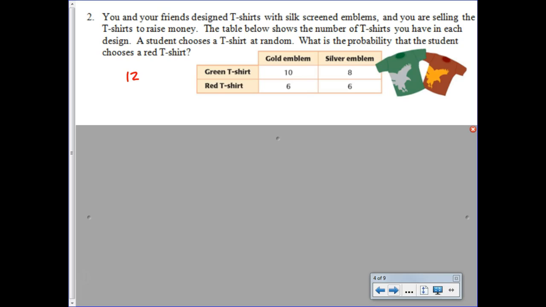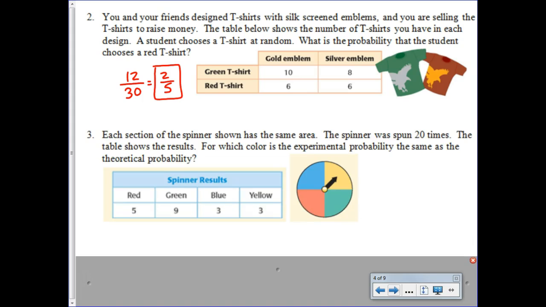So there's 12 red, and we have 18 green, so total shirts we have 30. 12 divided by 30 will reduce. They both divide by 6, so 2 over 5 would be our reduced fraction there.